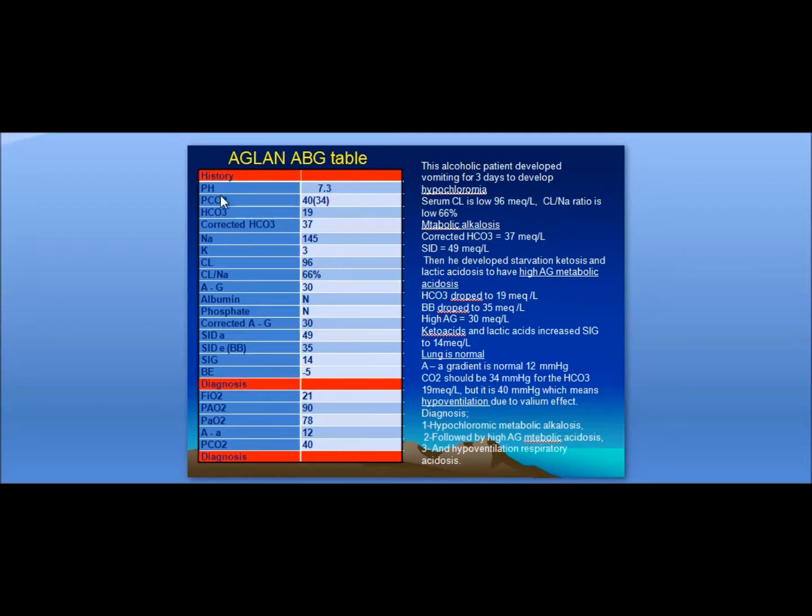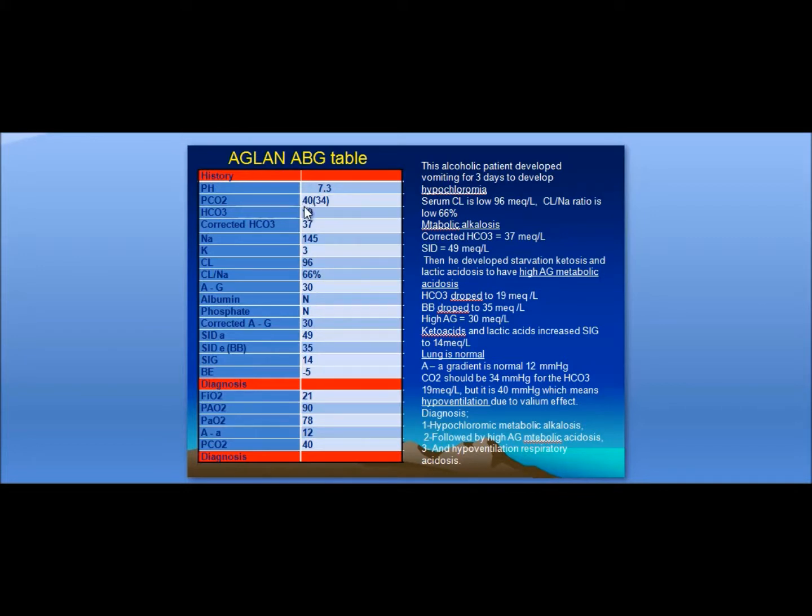The first thing to study is the pH. pH here is 7.3. This is acidemia, most probably metabolic, low bicarbonate, and we'll see that there is another pathology, which is respiratory acidosis, high bicarbonate.